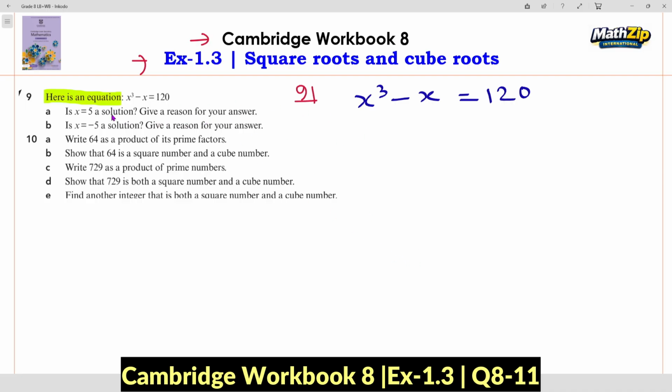So if we have to find out, if the left side becomes 120 after putting the value of x, then the statement is right. So we can substitute x equals 5 into the equation.